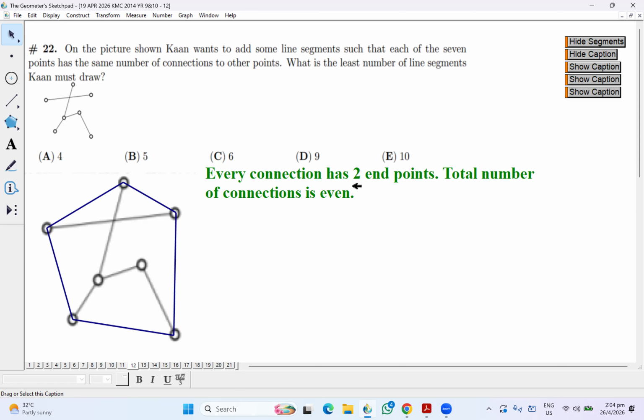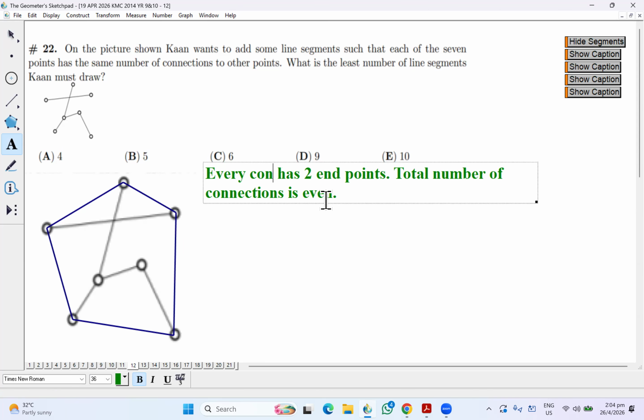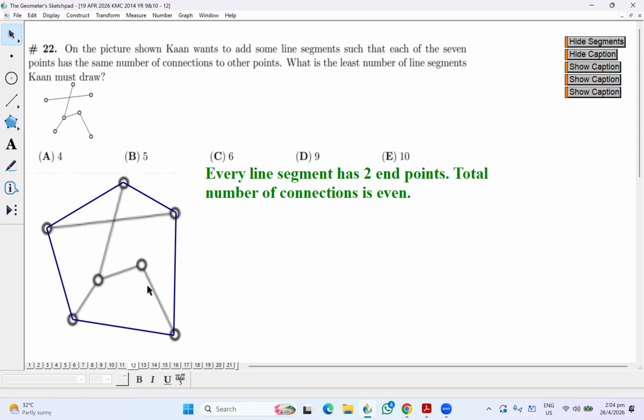Every line segment has 2 endpoints. The number of lines at a point is called the connection.